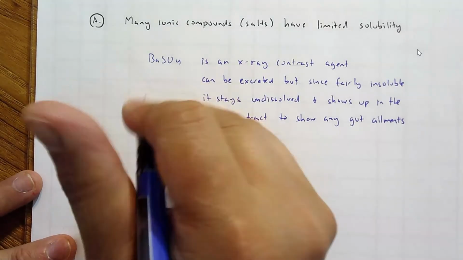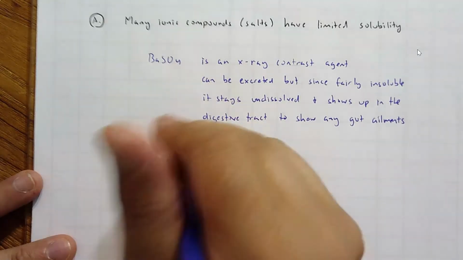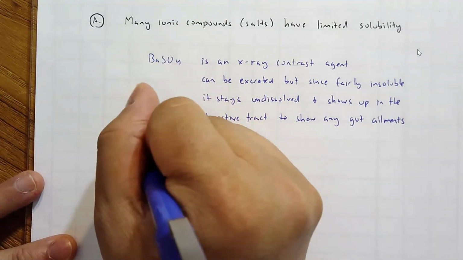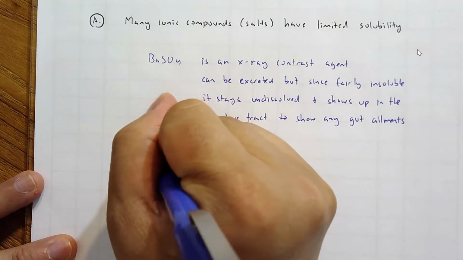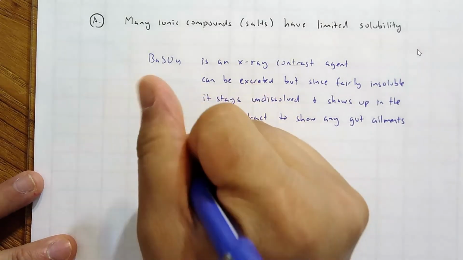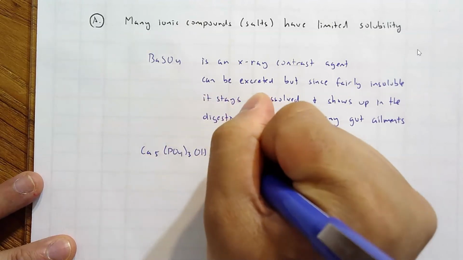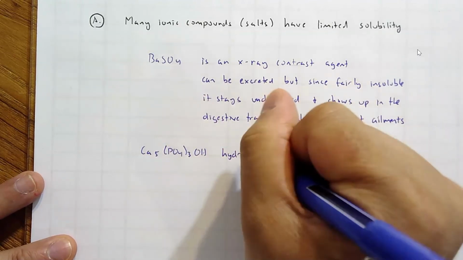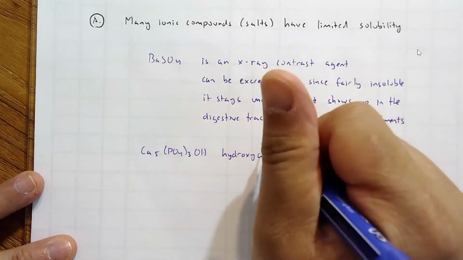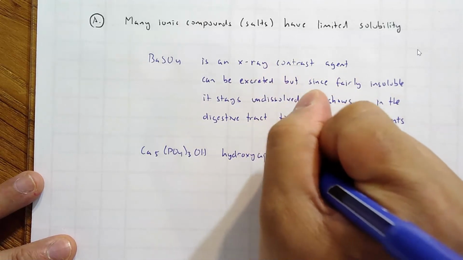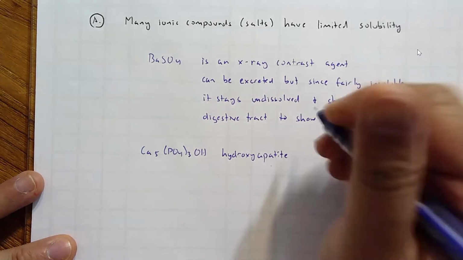Another example is hydroxyapatite, Ca5. It's a big ionic compound. But you might have heard of hydroxyapatite, because that's tooth enamel.